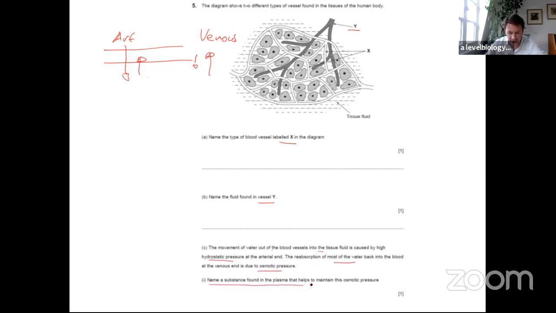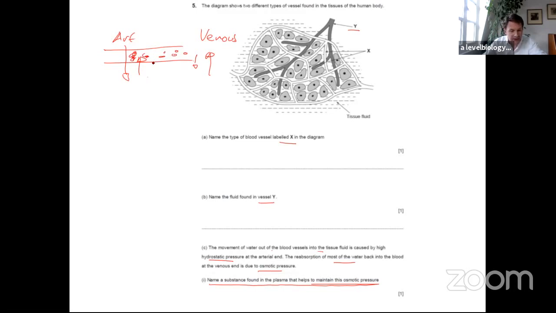Name a substance found in the plasma that helps to maintain that osmotic pressure, and these are plasma proteins, particularly serum albumin, which is too large to get squeezed out of the capillary, so it stays in the capillary and reduces the osmotic pressure. Makes it more negative.